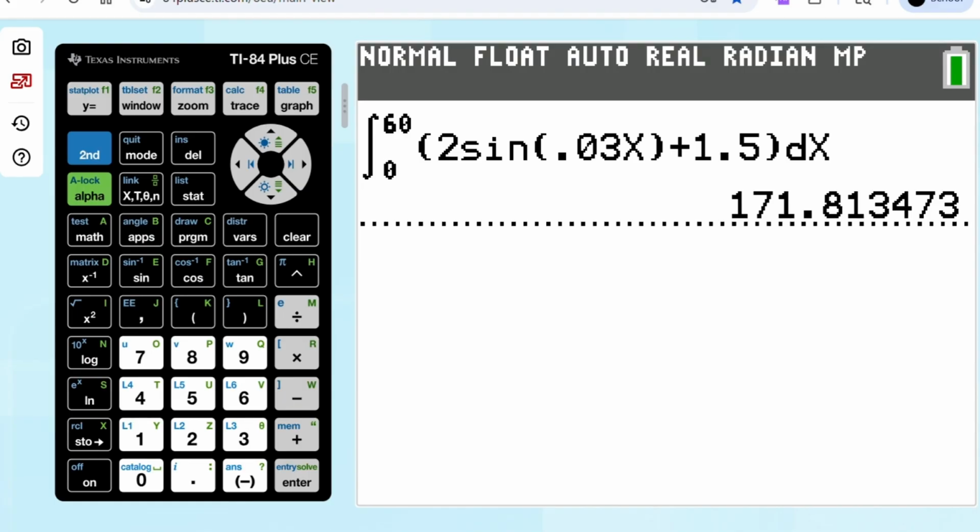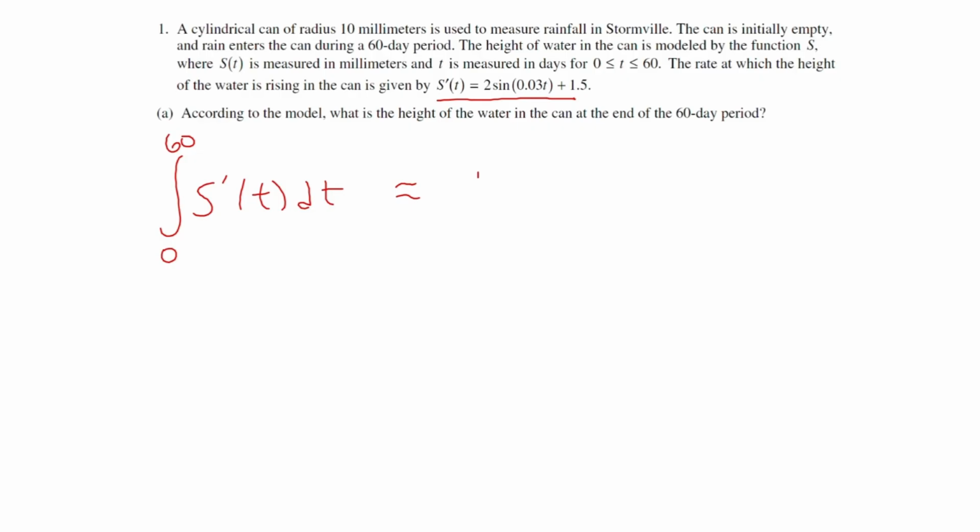And so it gives us 171.813 as our answer, 171.813 millimeters. And so they actually gave you 3 points, surprisingly, for this. 1 for having the correct limits, 1 for having the correct integrand, s prime, and 1 for having the correct answer.